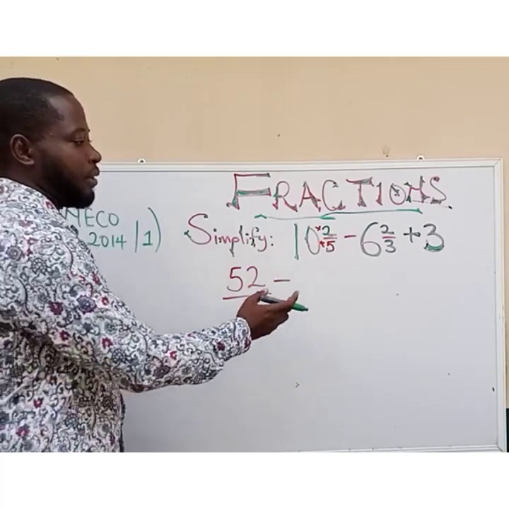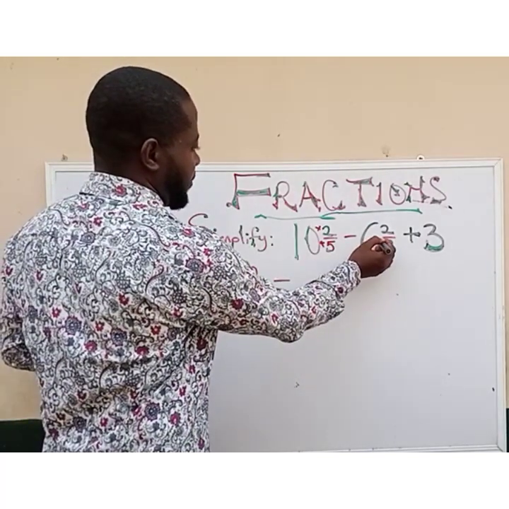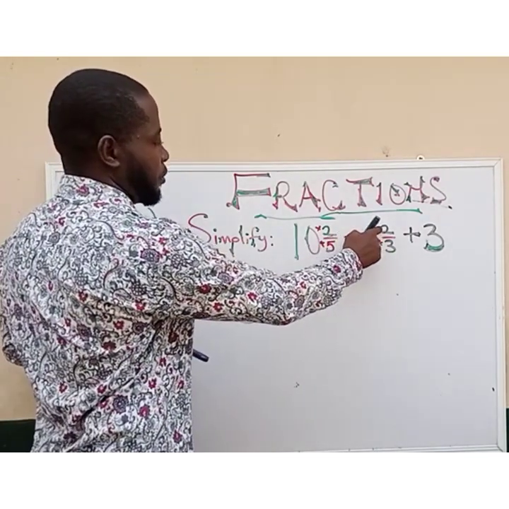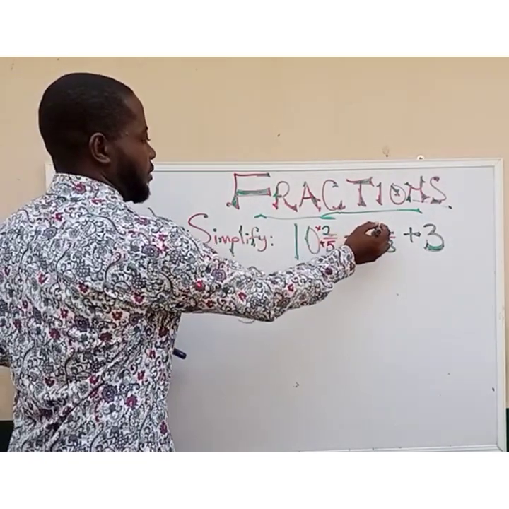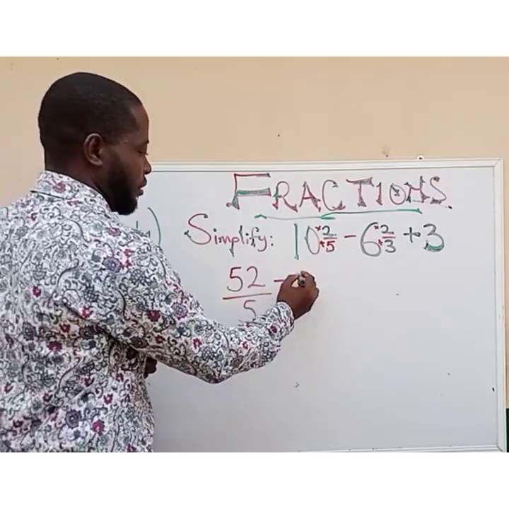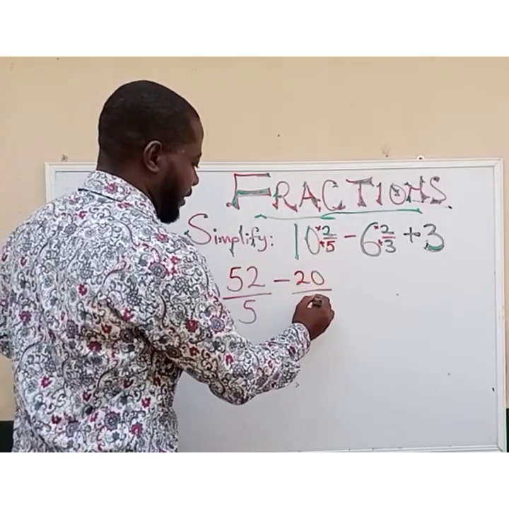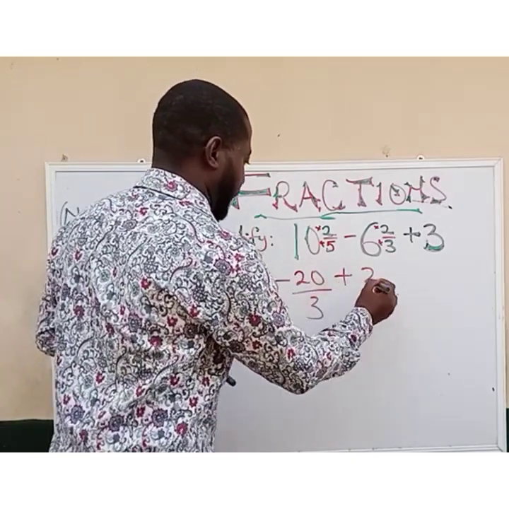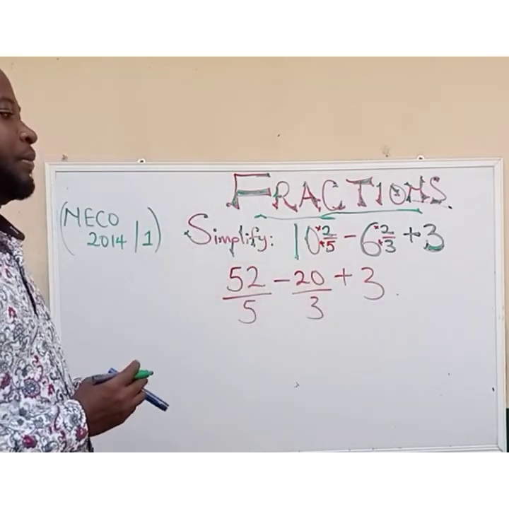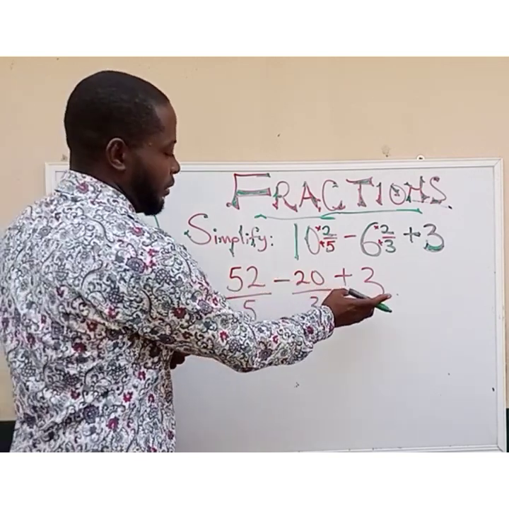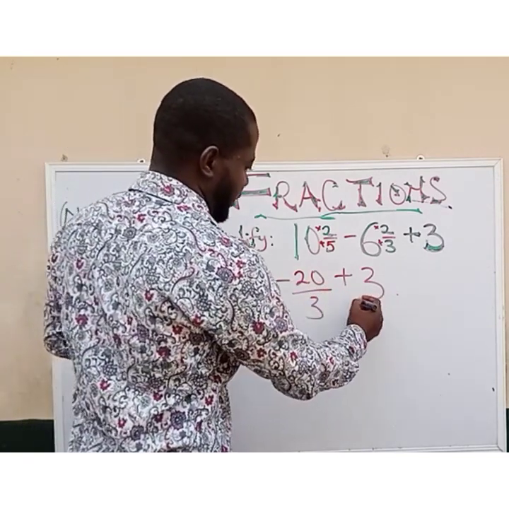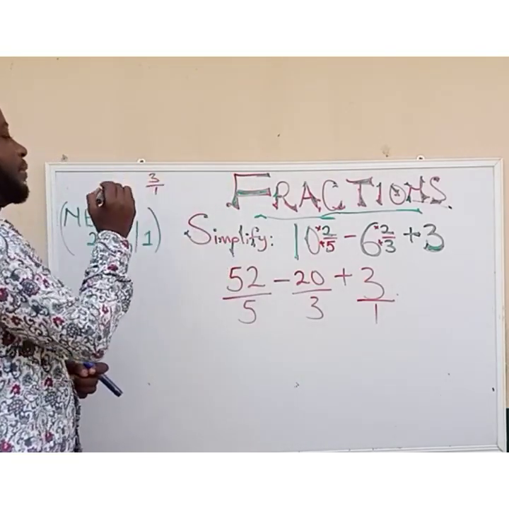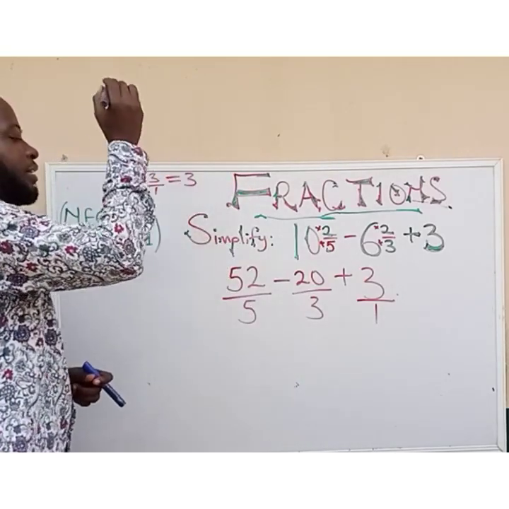Minus the next one, 3 multiplied by 6 is 18, plus 2 is 20, so 20 all over 3. Plus 3. The whole number here, we can just change it to 3 all over 1. So 3 all over 1 is the same thing as 3.